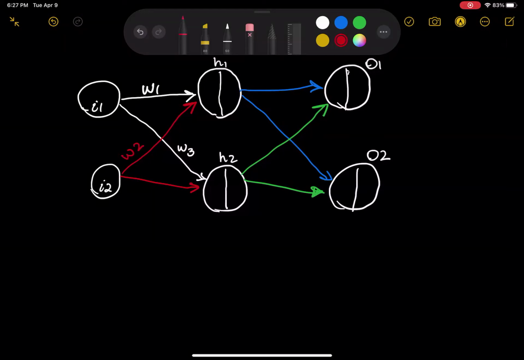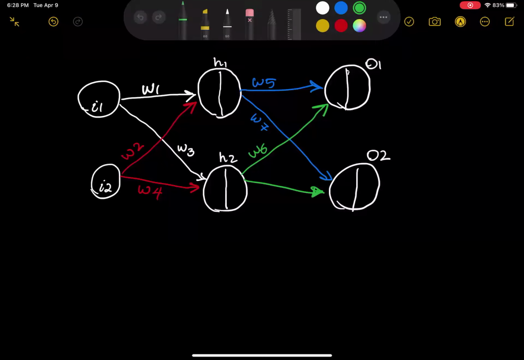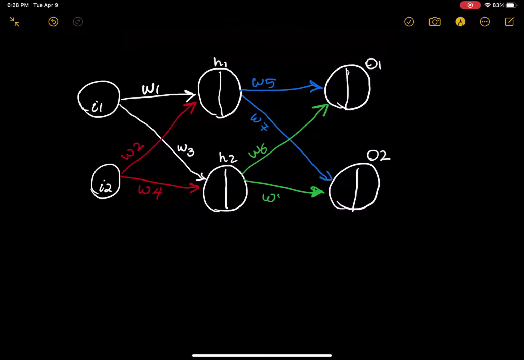And this one W4. And likewise, this one W5. This one W6. Sorry, maybe I can do this one. This one W7. And this one W8.